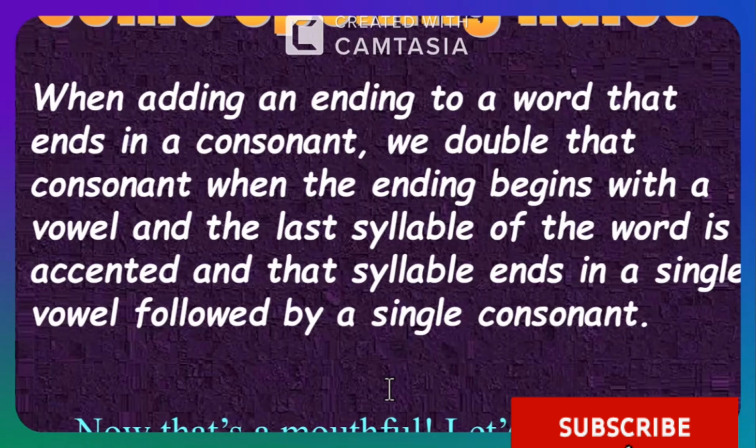When adding an ending to a word that ends in a consonant, we double that consonant when the ending begins with a vowel and the last syllable of the word is accented and that syllable ends in a single vowel followed by a single consonant.